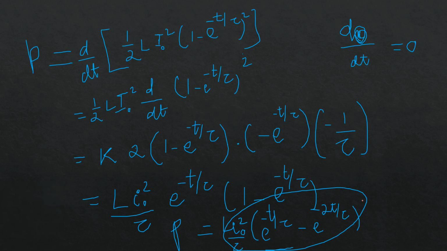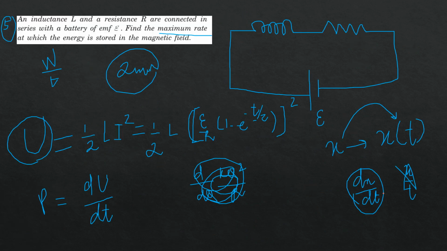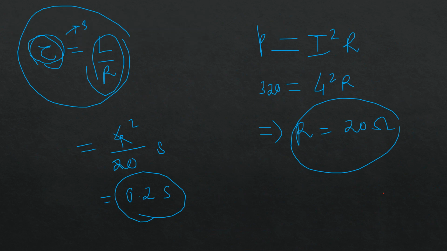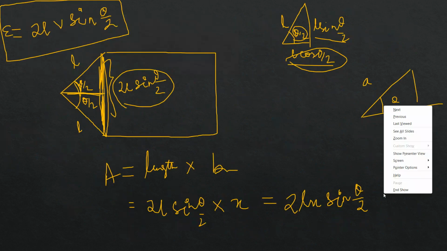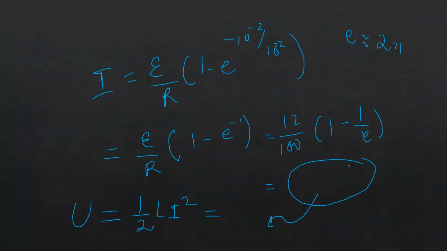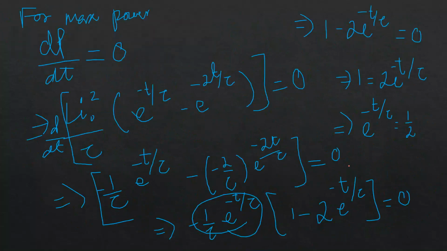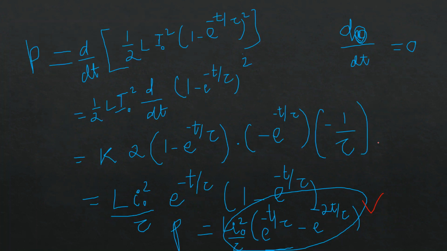If I put e to the power minus t by tau is equal to 1 by 2, then this will become maximum, because we calculated it.